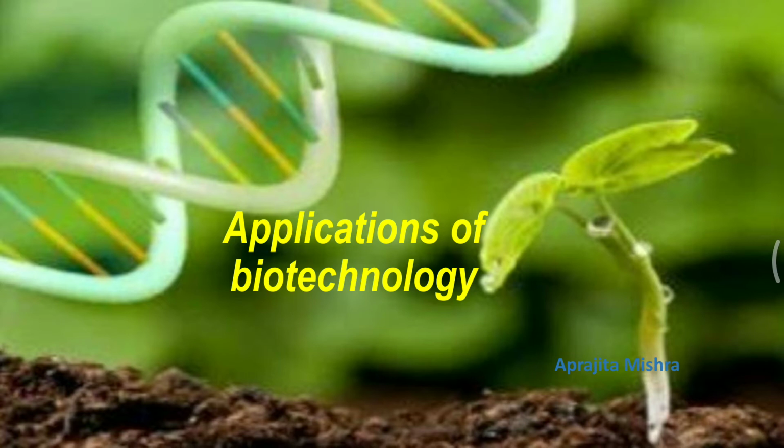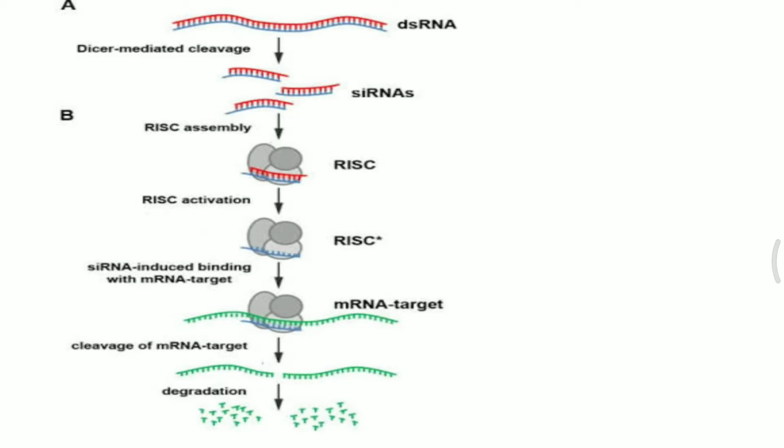Once the foreign gene is inserted into the vector plasmid or the DNA of the individual, then we can see the changes of our own interest. As you can see in this entire structure, this is a phenomenon by which we can silence the effect of a gene.